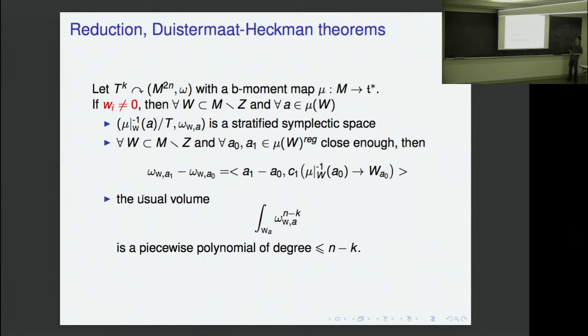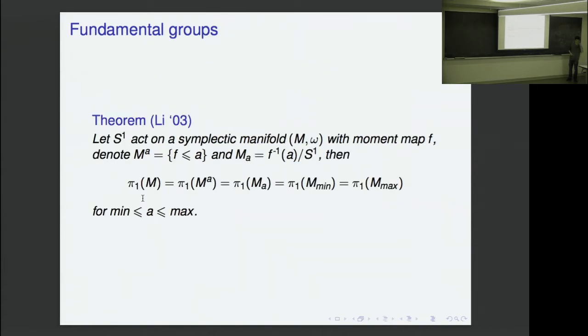And so after this, we can do some calculation of some topological invariants, for example the fundamental groups. And according to a theorem from 2003, in the symplectic case, suppose we have a Hamiltonian circle action with a moment map, say F. If we consider N super A to be all the stuff below A, and also consider the reduction at A, then the following fundamental groups are isomorphic to each other.